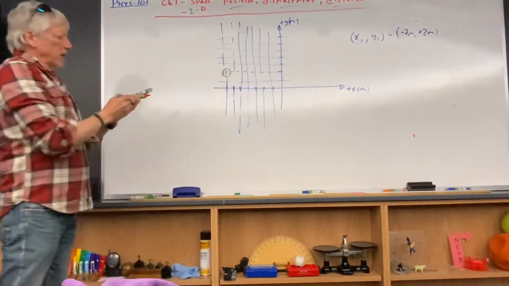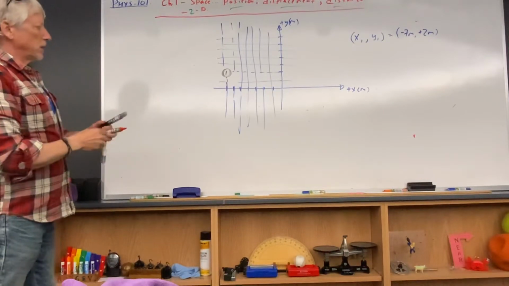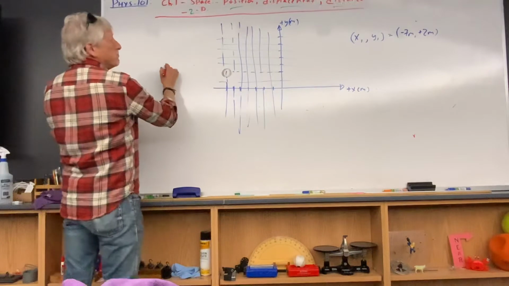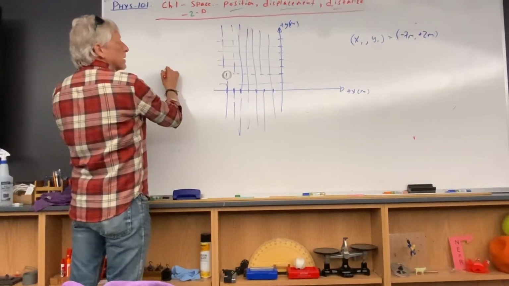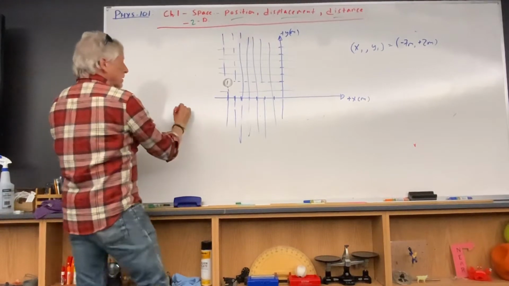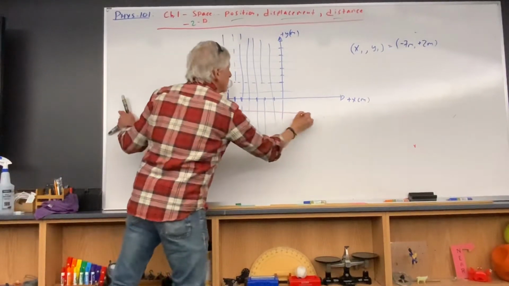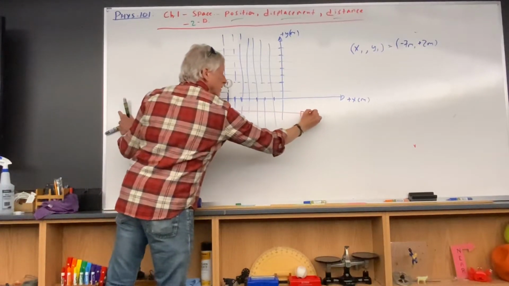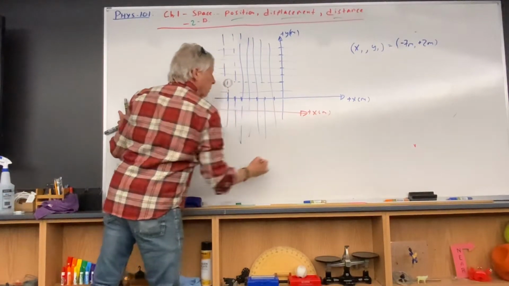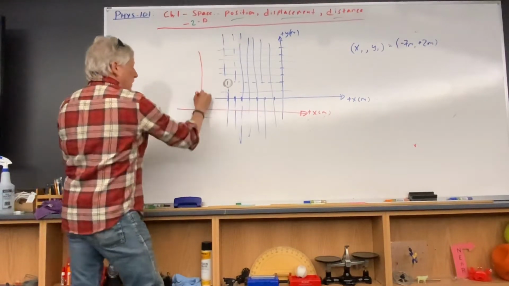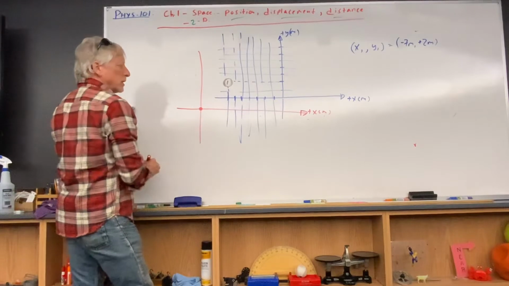But I could talk about it using any coordinate system I want. Again, I can switch up. So let's call this the positive x still, and that's my origin.